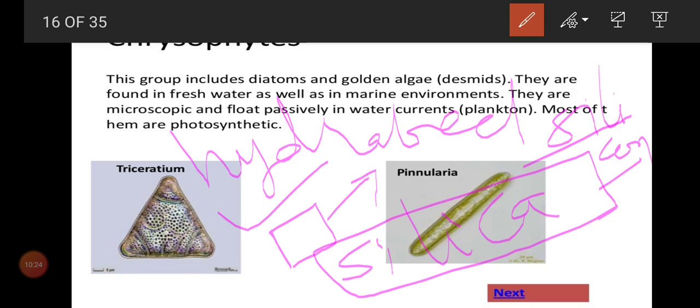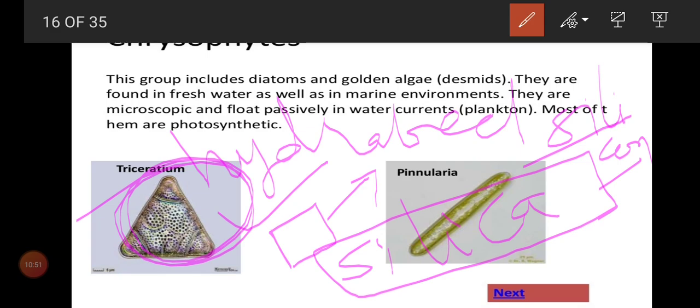It is used to make jewels also, because if you see the structure of Triceratium, it is very beautiful, no? With its help we can make many artificial jewels. It is also used for filtration of oil and syrups, and it is a chief producer in the ocean. Is that clear, children?